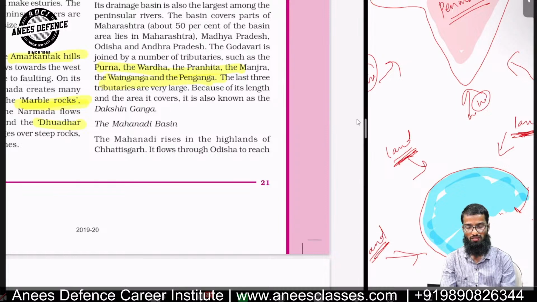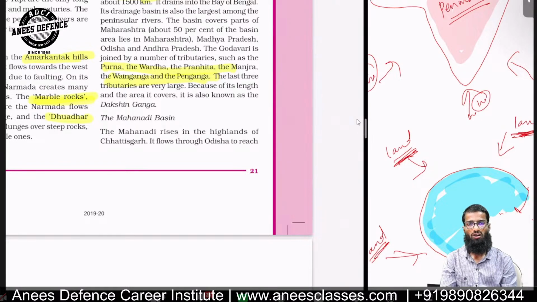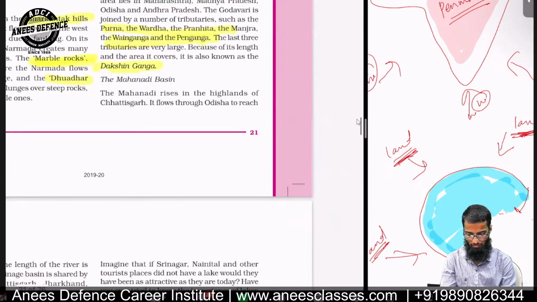So a question can be asked: Purna, Wardha, Pranhita, Manjra, Wainganga, Penganga are the tributaries of which river? Whenever you see such names, these are tributaries of Godavari, which is also called Dakshin Ganga. Which river is known as Dakshin Ganga? Godavari is known as Dakshin Ganga.